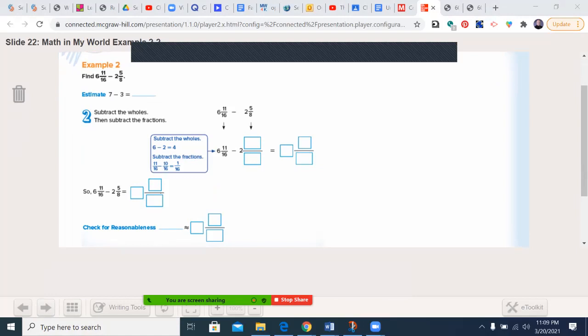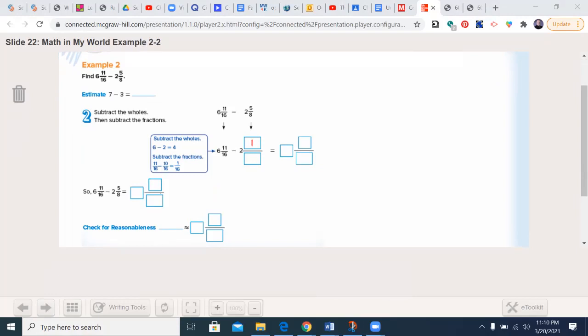All right, so 6 11/16 minus 2 10/16. 11 minus 10 is 1, and you keep the 16. 6 minus 2 is 4. 4 1/16. And 4 is pretty close to 4 1/16.